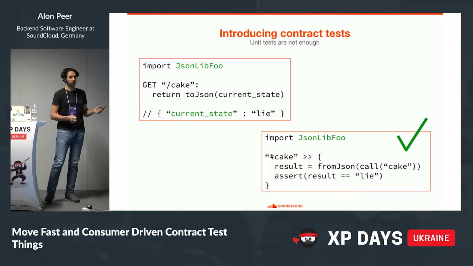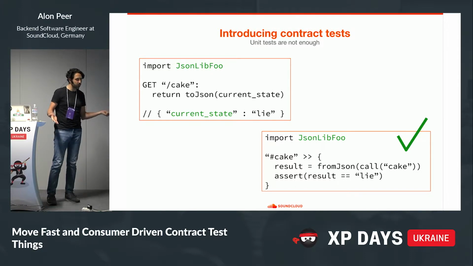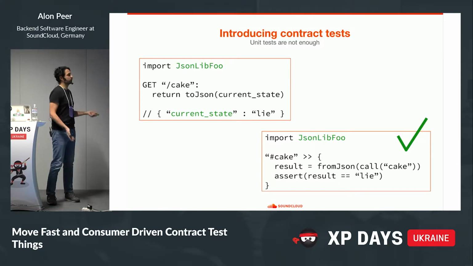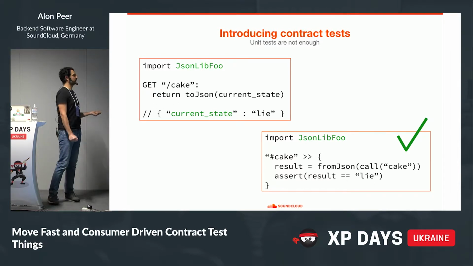And so, of course, we don't want to repeat ourselves, so we just use the same library when we write our unit test. We'll just deserialize it with this JSON library. So when we call the cake endpoint, we deserialize the output and make sure that the result is lie, because that's what we care about.